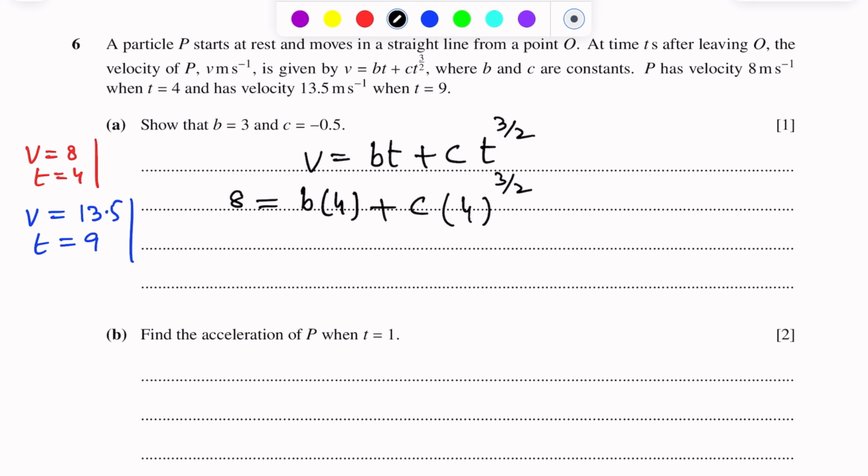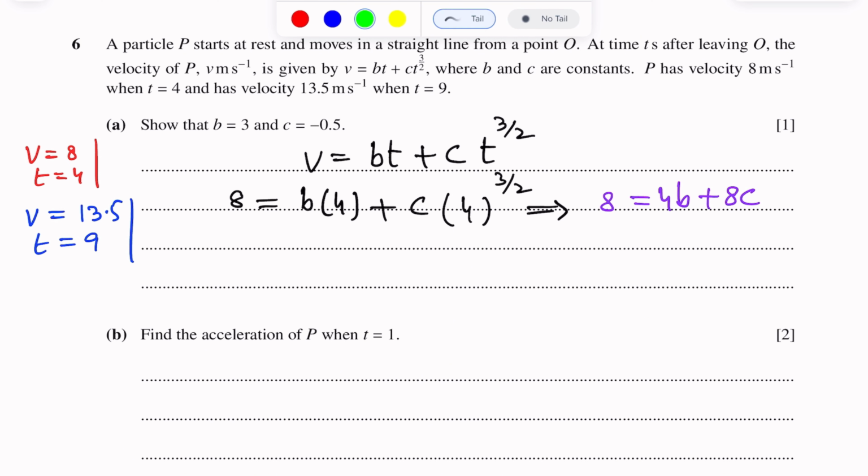Now simplifying it, we get 8 is equal to 4B plus 8C, because 4^(3/2) is 8.